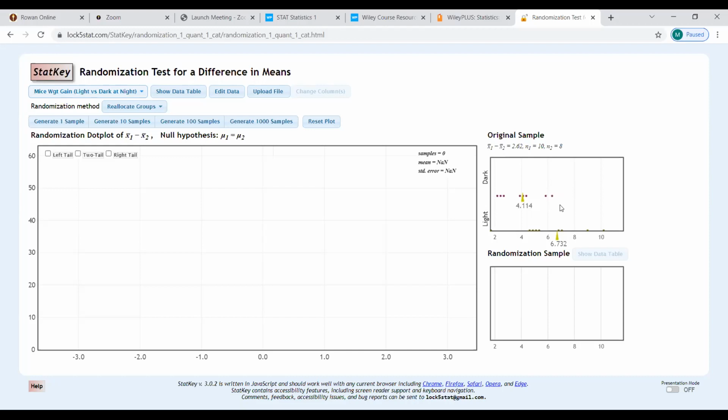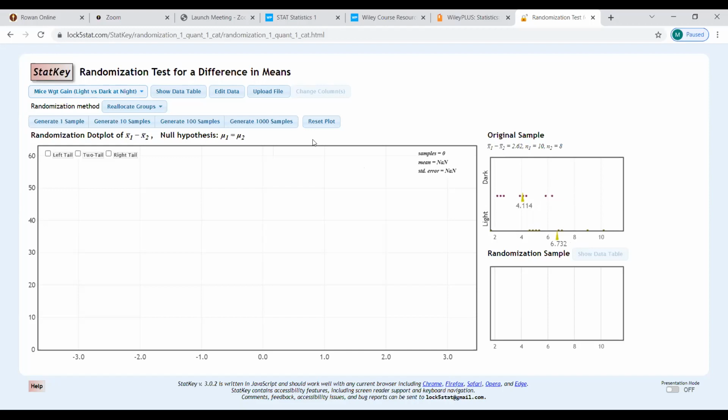So these two numbers here, this is the mean of those 10 mice in the light group, and this 4.114 is the mean of the 8 mice in the dark group. So if you subtract those two numbers, you get 2.618, the difference in their means.